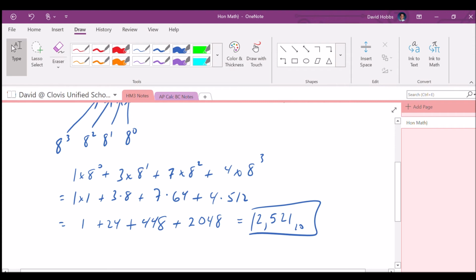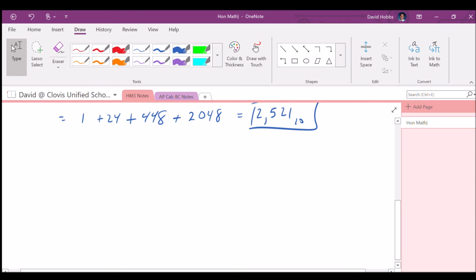Okay, let's try another one. Let's do one where the base is bigger than 10. Well, let's just go ahead and do base 12.